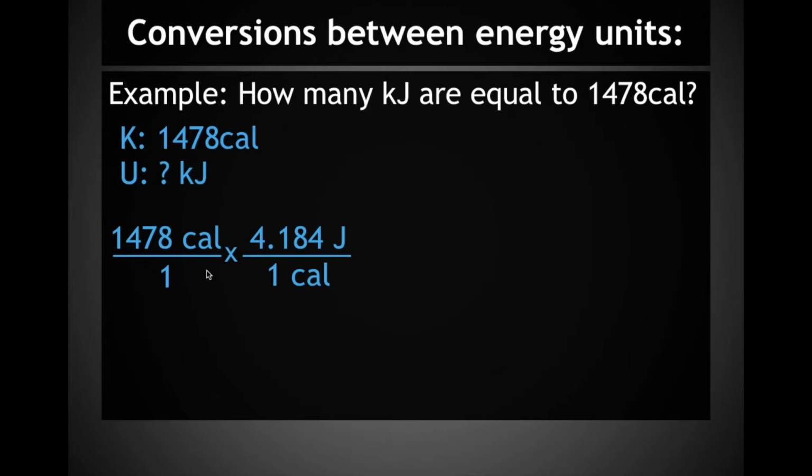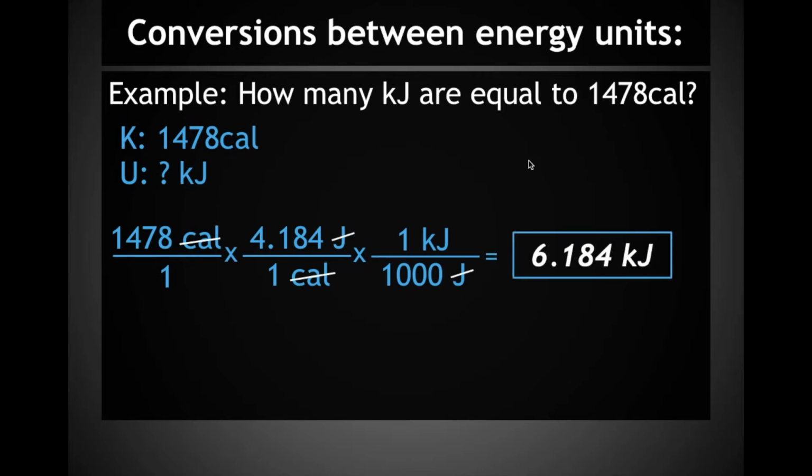And then we have joules as our unit, but we need kilojoules. So then we just have to put joules down here and kilojoules up here, which will be the same as kilograms and grams, okay? So for every 1 kilogram, it's 1,000 grams. It's the same with joules, okay? Kilo just means 1,000. And then you plug it in your calculator and you have your answer.